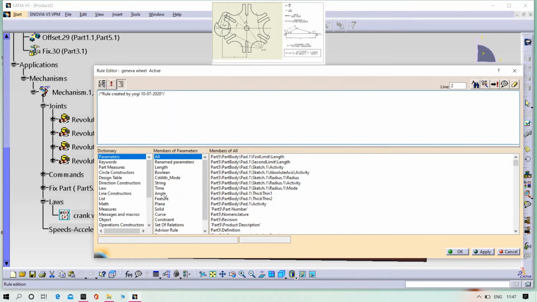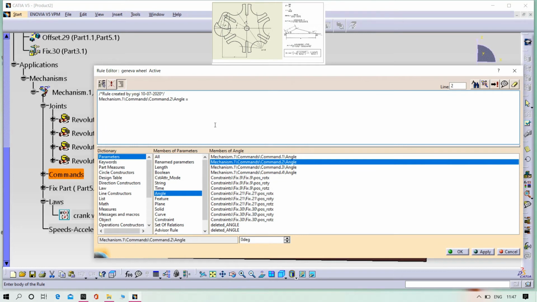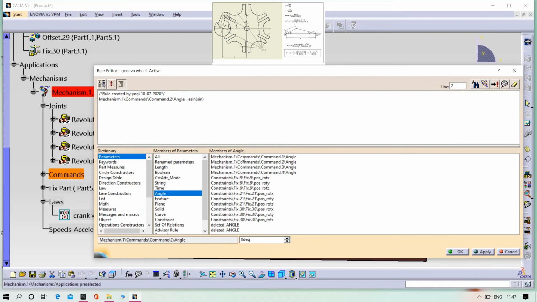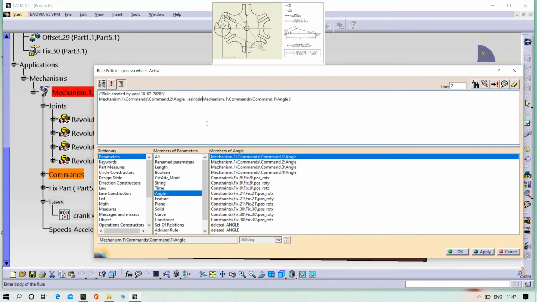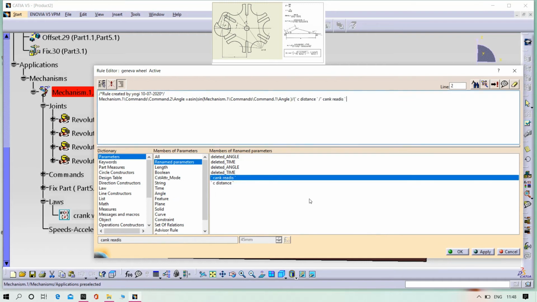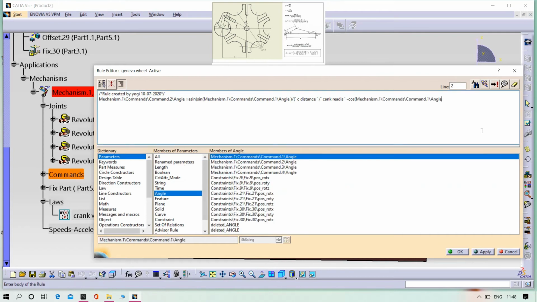The Geneva angle of driven must be equal to sine of first angle divided by, as already we discussed, C distance divided by crank radius minus cos first angle of driven crank wheel. Apply.